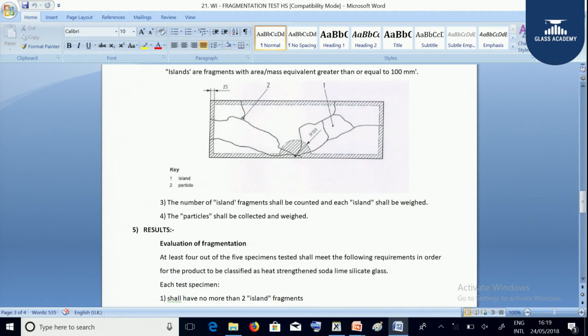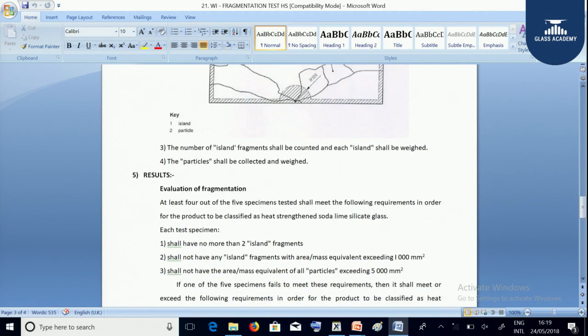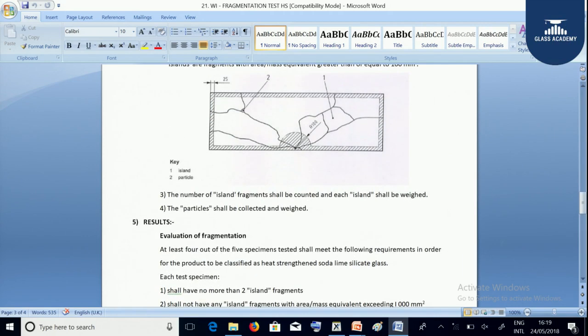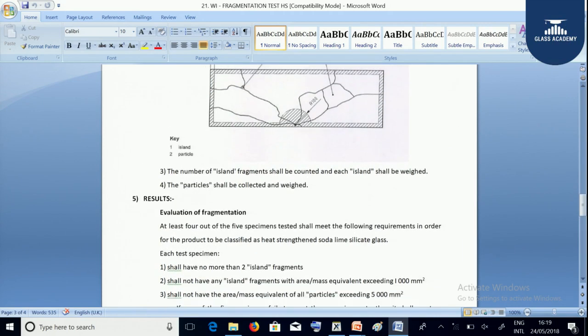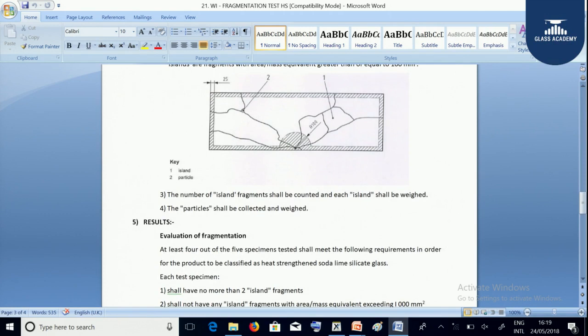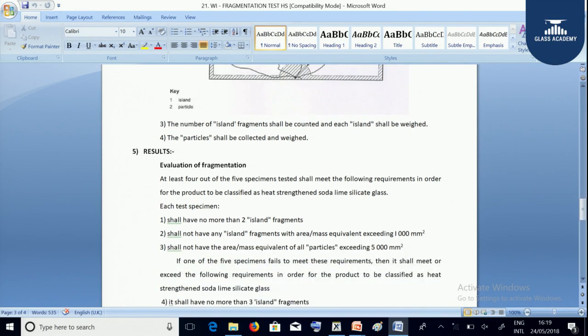For a proper heat strengthened glass, the glass should not have more than 2 to 3 islands, and I need to have the fragments. So in order to judge a glass as a perfect heat strengthened glass, we need to understand the breakage pattern, the number of islands and particles, and we need to weigh the islands and particles individually.